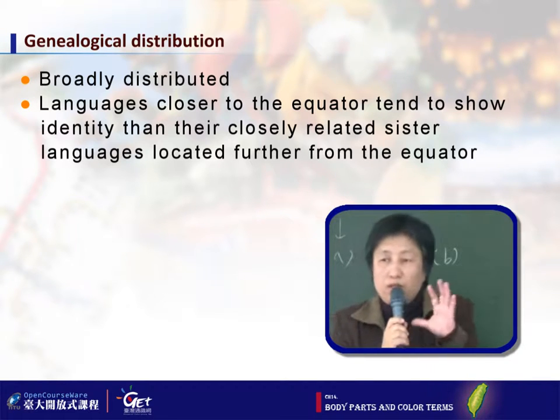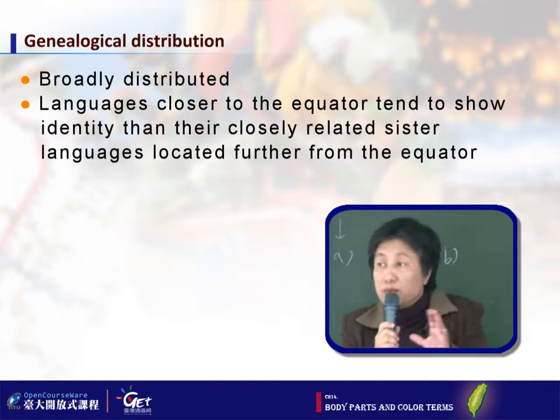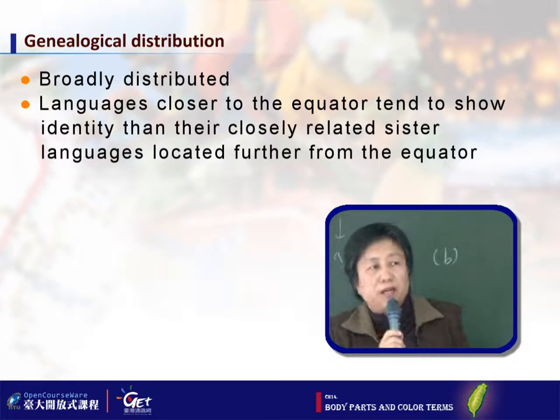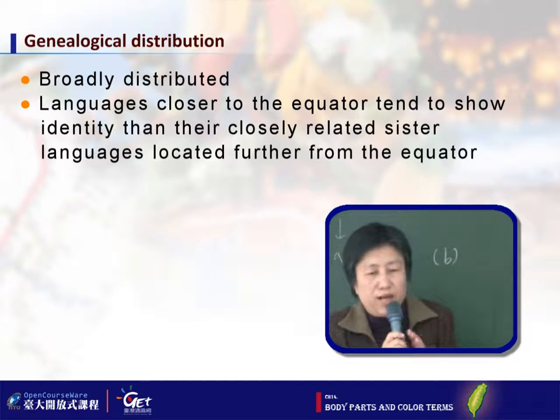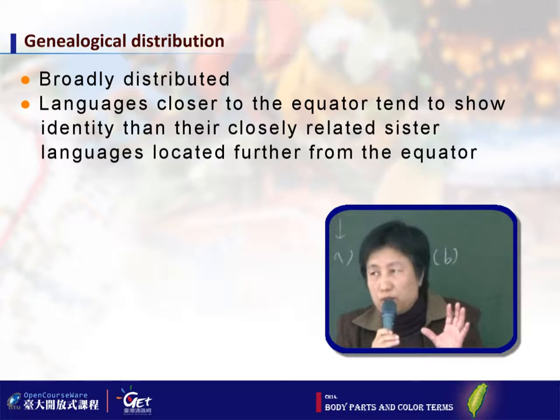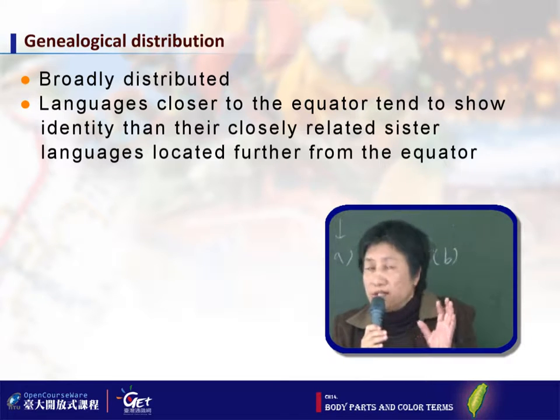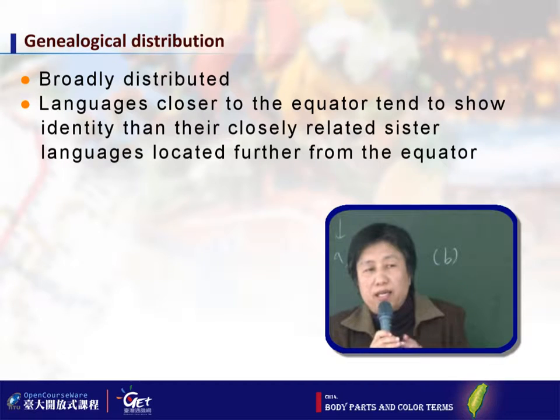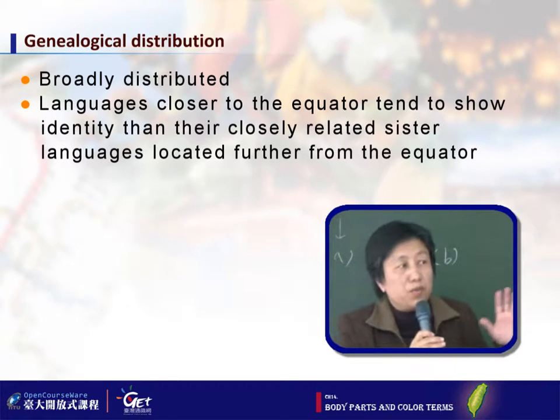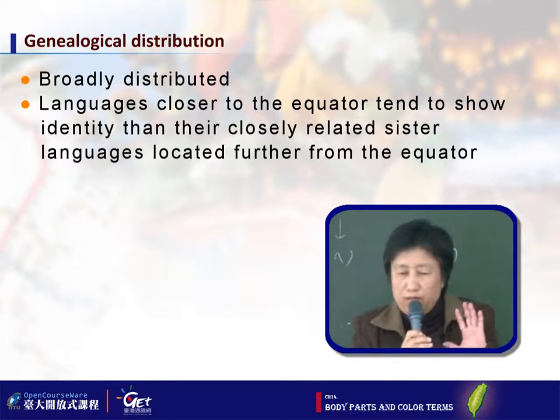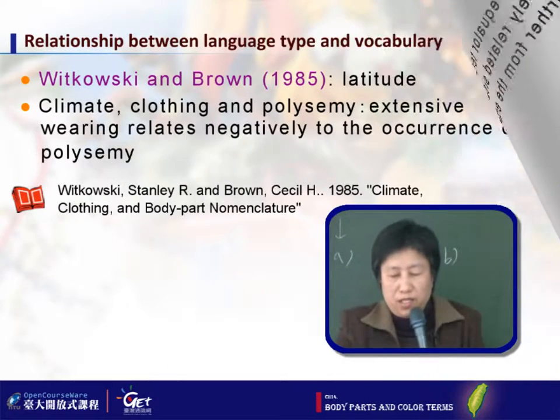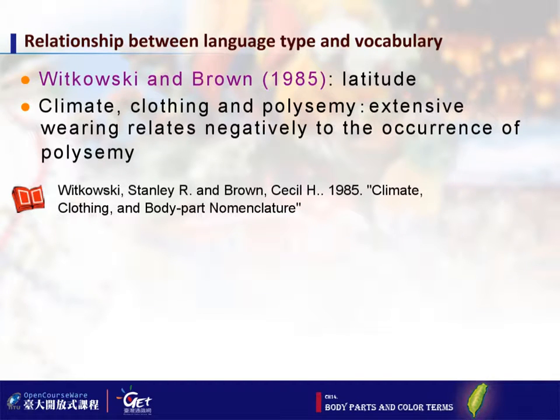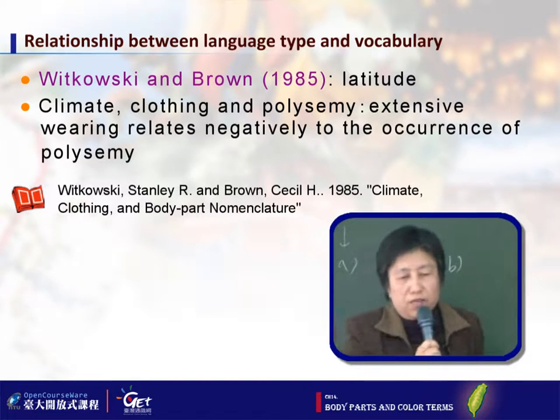That is, although these languages are closely related, belonging to the same family, those close to the equator will show similar pattern 1, but closely related languages will be located further away from the equator. So we see that there is a relationship between the language type and the vocabulary.